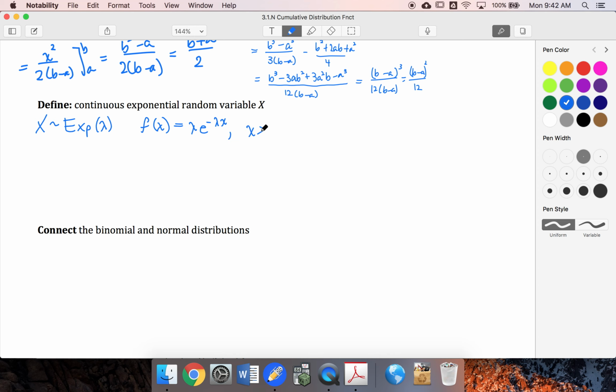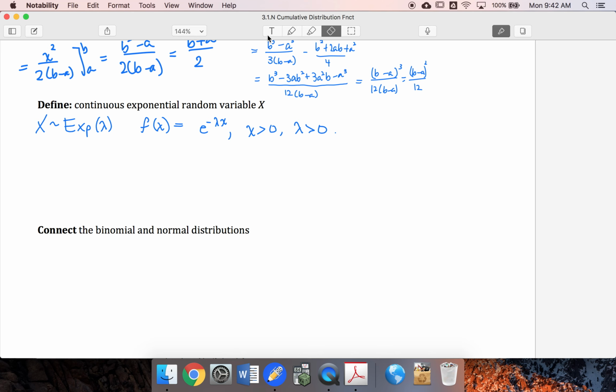In this case, my x is going to be positive, and my lambda value is also going to be positive. And here, x could be greater than or equal to 0. Let me make it more clear that that's a lambda.